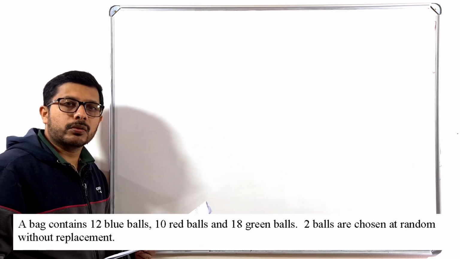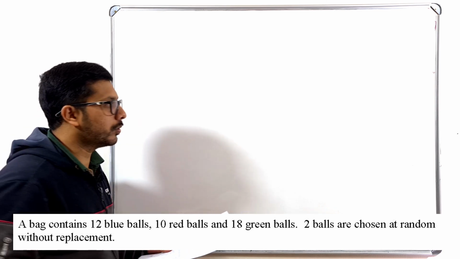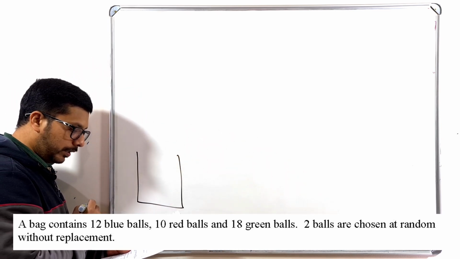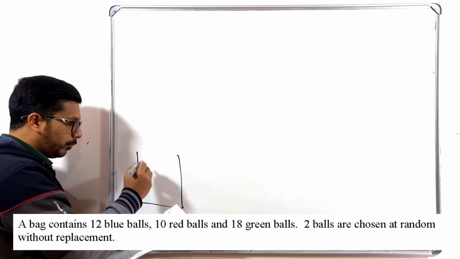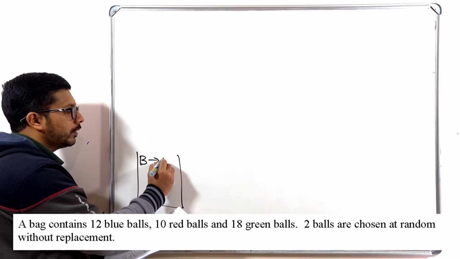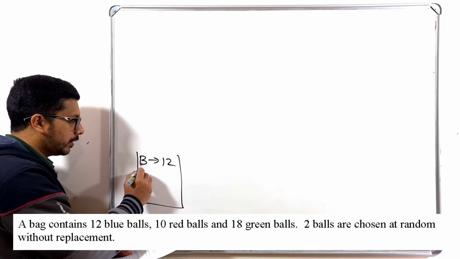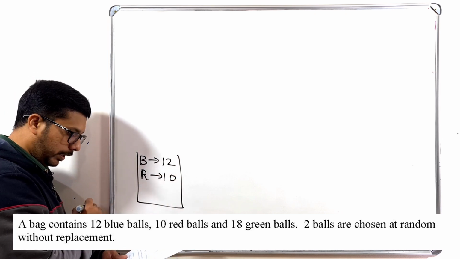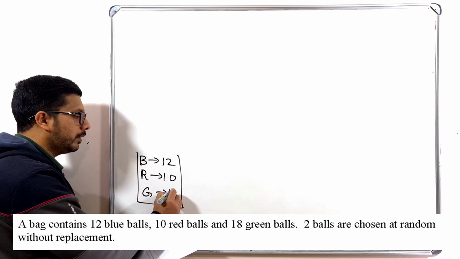What is the first question? Question number 12. A bag contained 12 blue balls, 10 red balls, and 18 green balls. So there is a bag, and in that bag there are 12 blue balls, 10 red balls, and 18 green balls.